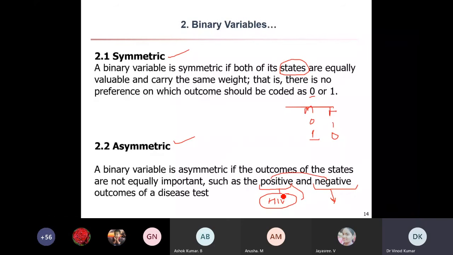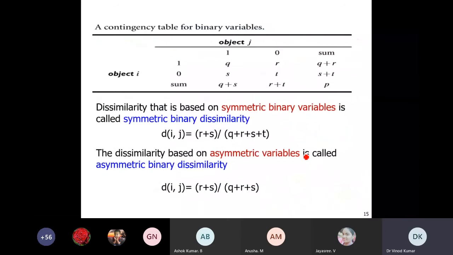Positive means infected with HIV, and not infected with HIV, we said it is a negative. We can use this convention, and here we cannot interchange. In symmetric variables, representing 0 or 1, or 1 or 0, doesn't make any difference, but here it makes a difference because the meaning will be completely changed. That is why it is called asymmetric binary variables.